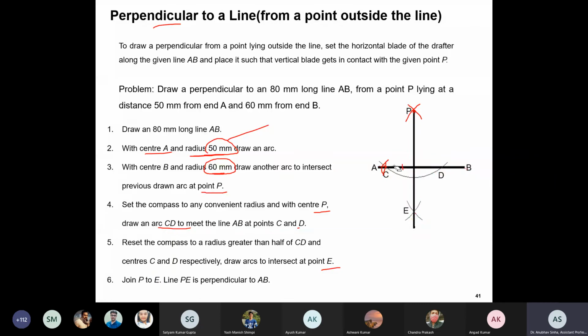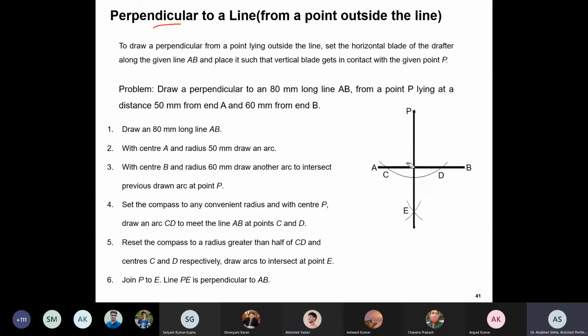Is this clear? Sir, can't we create point E from A and B only? Just like point P. Yes, that is also okay.